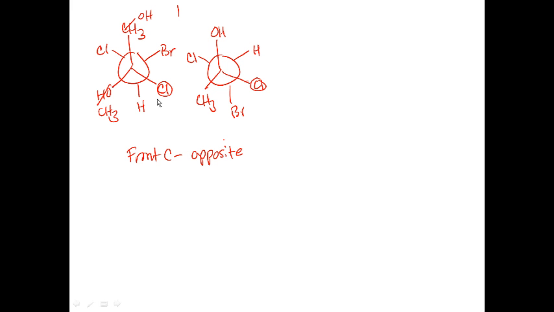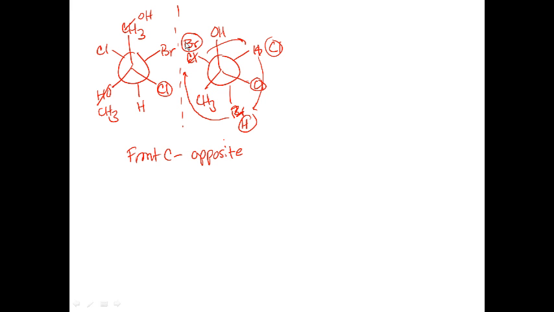Well, you could group switch to try and line up the back carbon, the Cl, the Br, and the H. But let me do a rotation here. Because if I rotate this Br up here, and then I rotate this Cl over here, and then I rotate this H down here, looking at the H, the Cl, and the Br, what's the back carbon now? Can you see that the back carbon now has the mirror image?